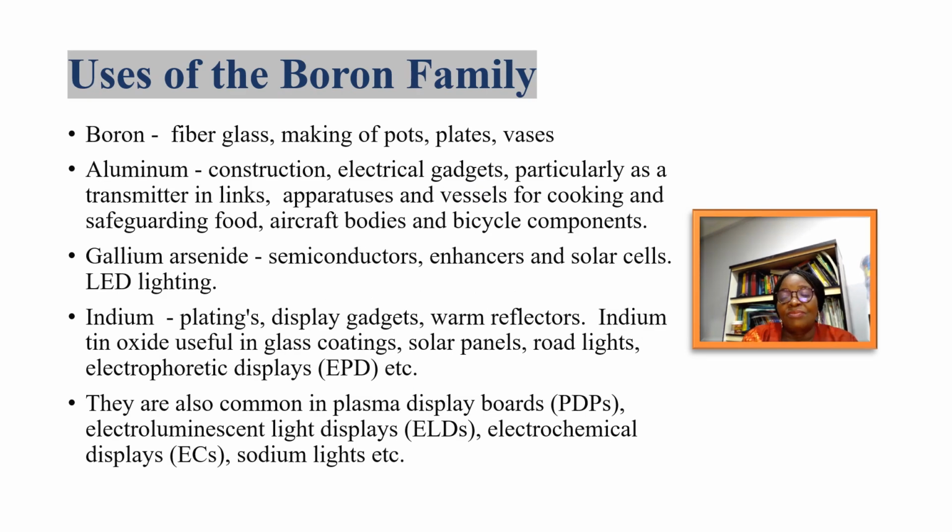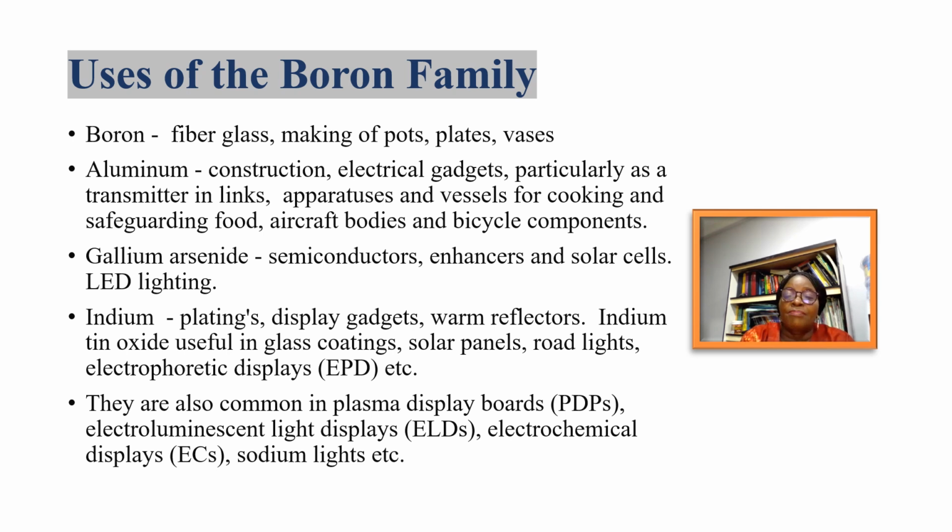What are the uses of this boron family? Boron is commonly used in fiberglass and in the making of pots, plates and vases because it is an insulating material. Aluminium, we all know, is used in construction work and electrical gadgets. We also use it in roofing our homes. It's good for aircraft bodies and bicycle components.